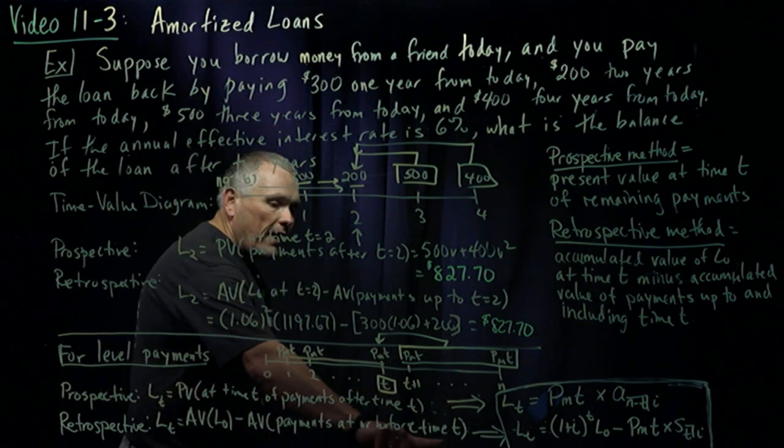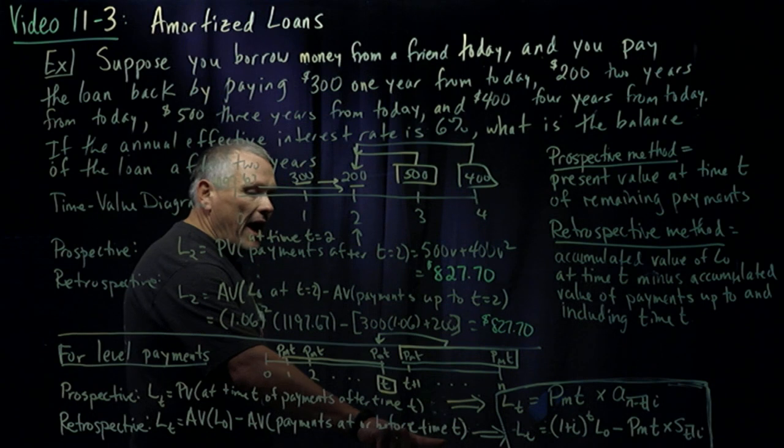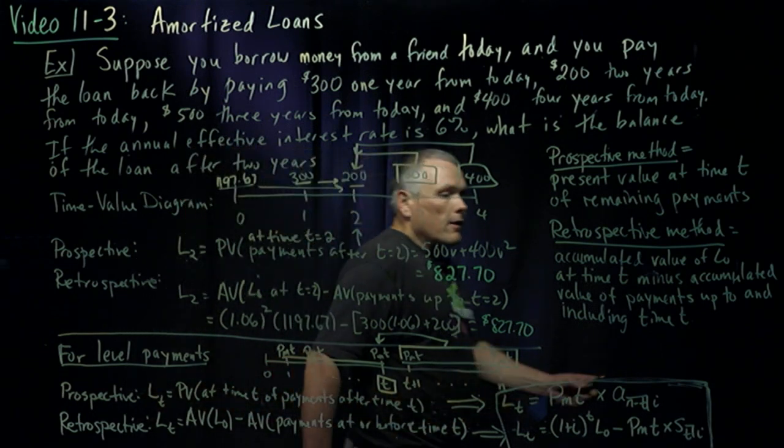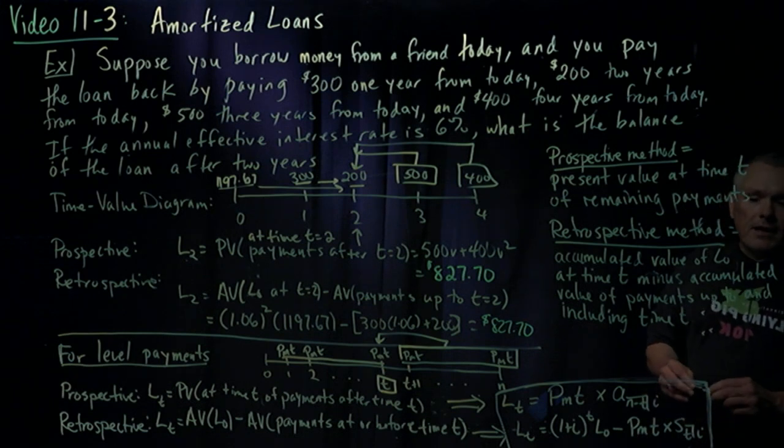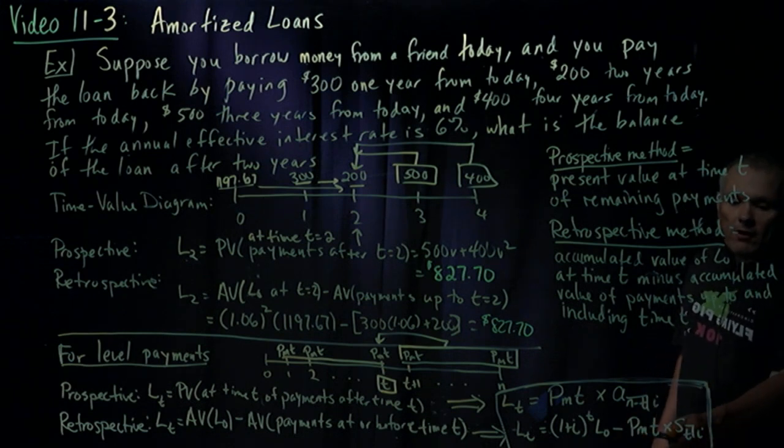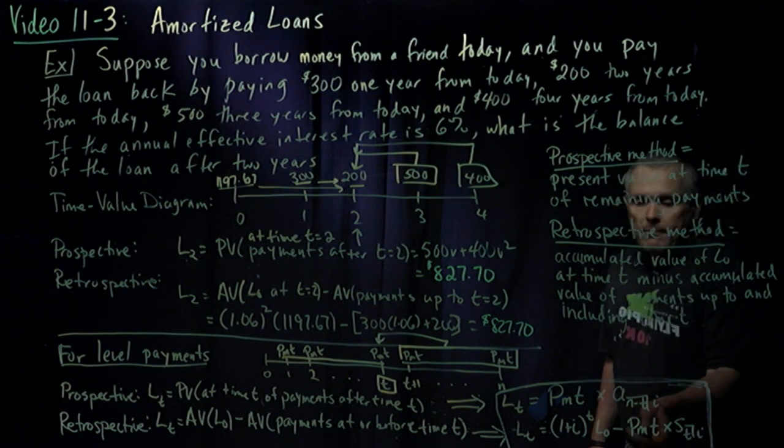So the accumulated value of the payments at or before time t is going to be the accumulated value of an annuity immediate for those t payments. So that's where this s angle t part is coming from. We need to multiply it by the payment amount.